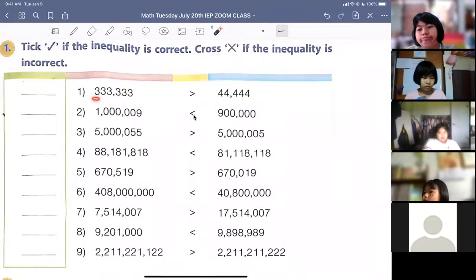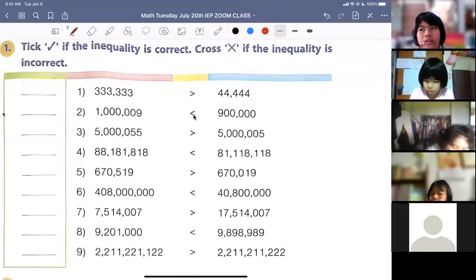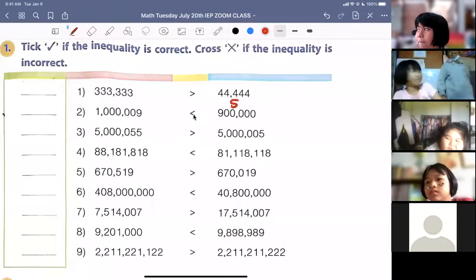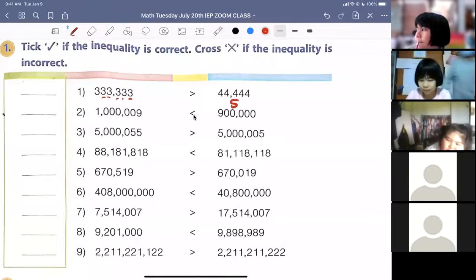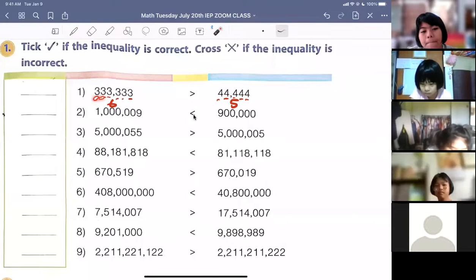So 333,333 is bigger than 44,444. We already know it's correct because here we have 1, 2, 3, 4, 5, which is 5 places, and here we have 1, 2, 3, 4, 5, 6, which is 6 places: ones, tens, hundreds, thousands, 10,000, 100,000.